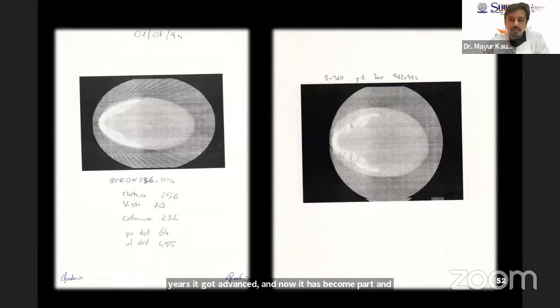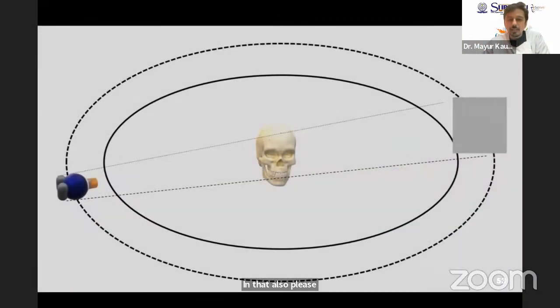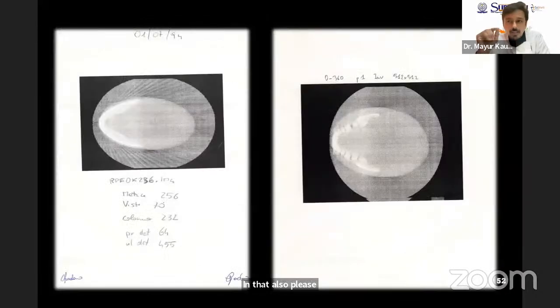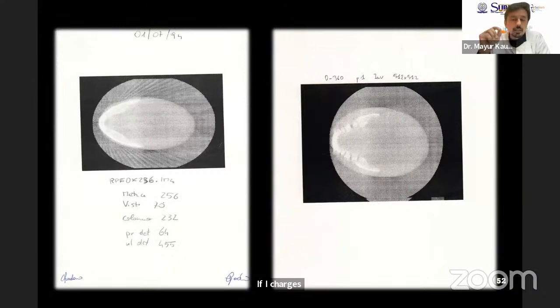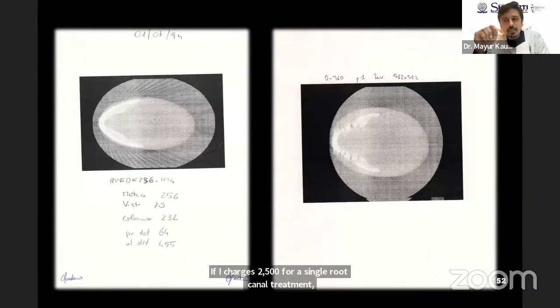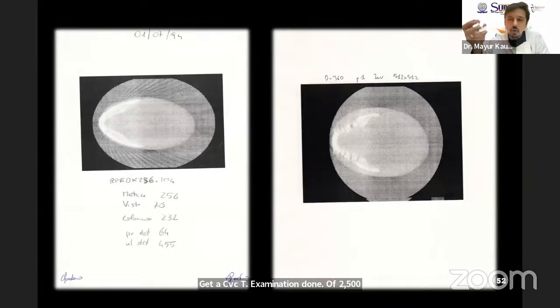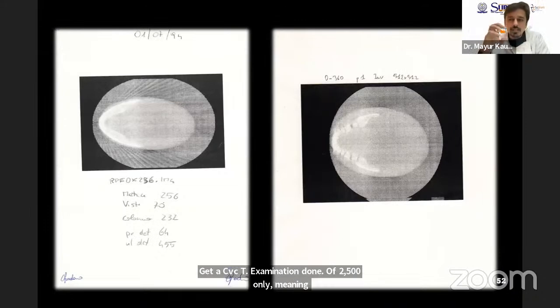In that also, please understand the reason it has become part and parcel of our practice is because after implants, we were able to justify the cost of CBCT. Before that, as a small-time practitioner, if I charge just 2,500 rupees for a single root canal treatment, I cannot get a CBCT examination done of 2,500 rupees, meaning the diagnosis is costing almost as much as the treatment.